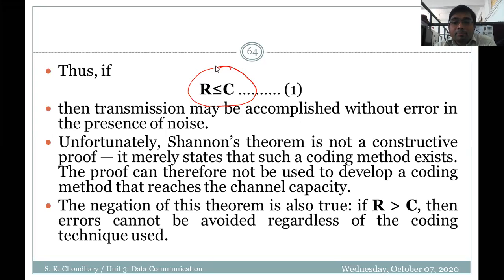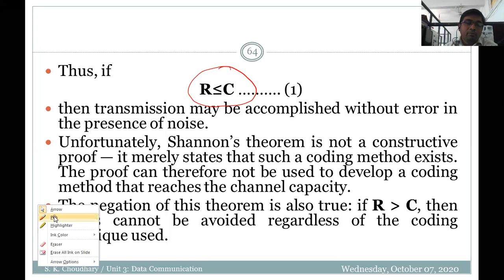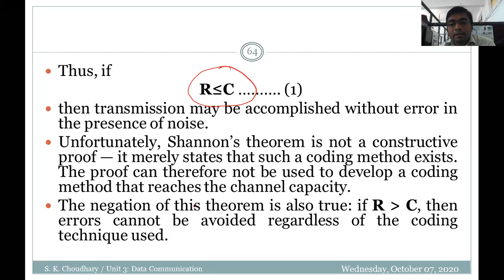And what happens if the condition is reversed? If R is greater than C, meaning the information rate becomes higher than the channel capacity, then errors cannot be avoided regardless of the coding technique you use.